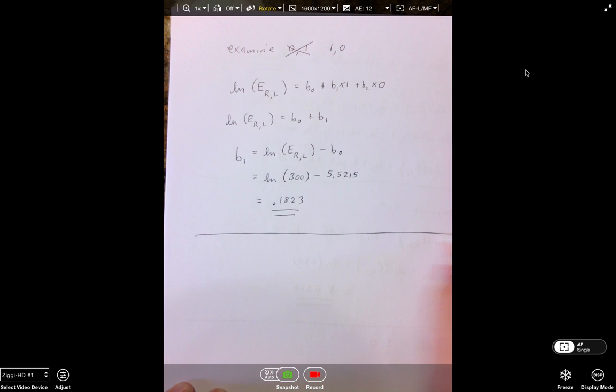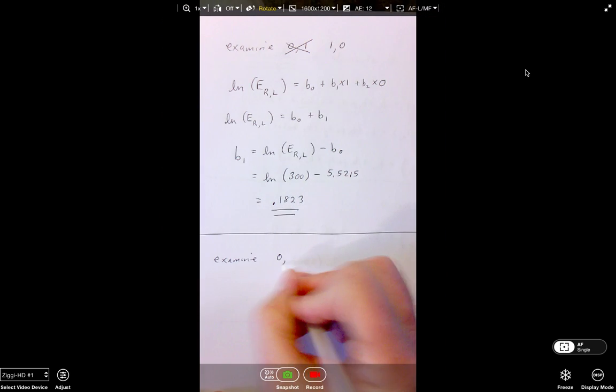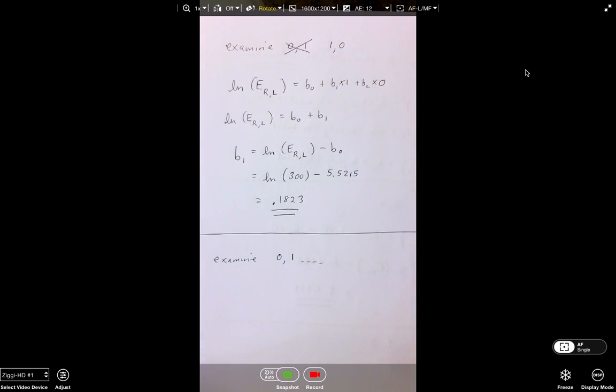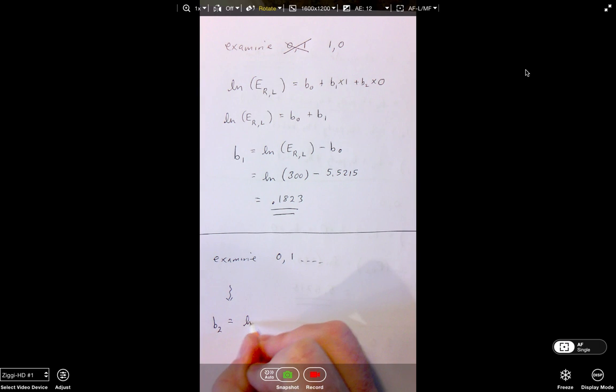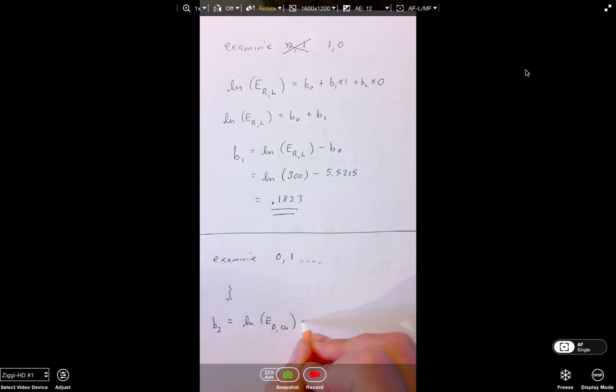Guys, I want to examine 0, 1. And when I get this, I'm just going to go ahead and cut to the chase here. When I get to this, I get that B2 is equal to the natural log. So 0, 1 would be a Democrat being pro-choice. Minus, so I've got 0 and 4, so this is going to be minus B0, right?